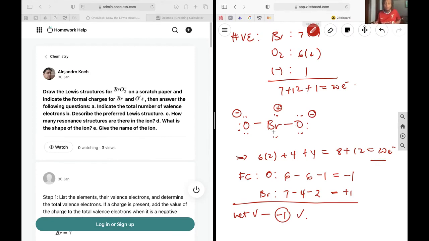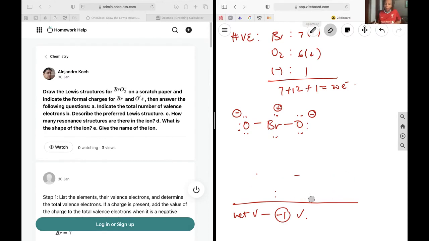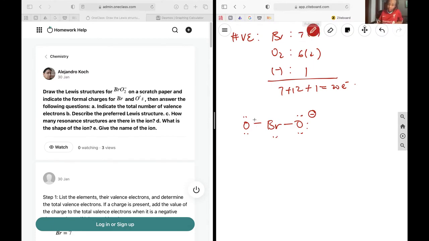And so instead of having this, I'm going to move around some electrons and try to minimize the formal charge just a little bit more. I know oxygen likes to have 2 bonds and bromine likes to have 1. So let's give one of the oxygens the 2 bonds and take away a lone pair on the bromine. That will leave me with that.